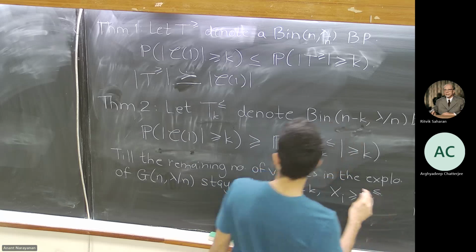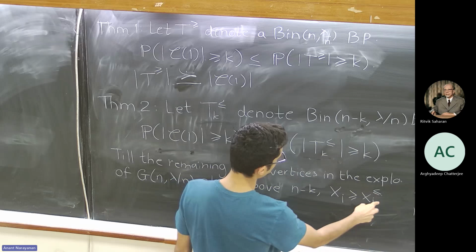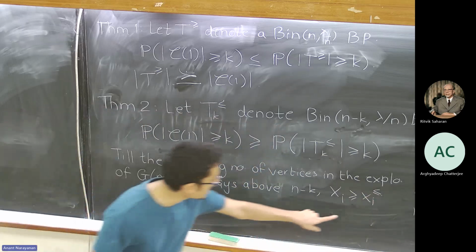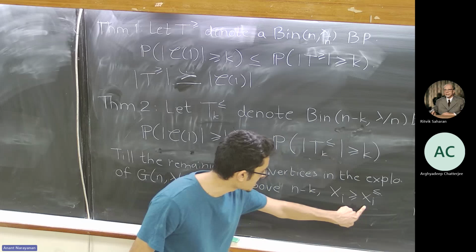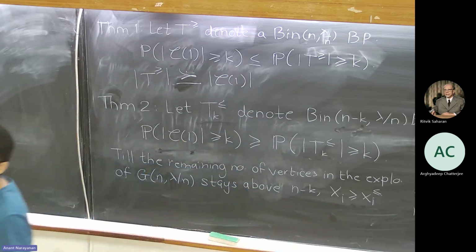So let's say at each instance I explore this, the number of children is xi, binomial n minus k. This is because the number of parameters this has is n minus k, but the random graph has more than n minus k many neighbors available.